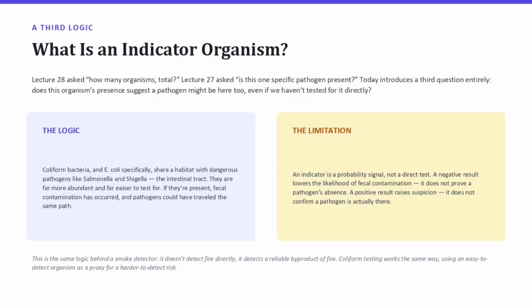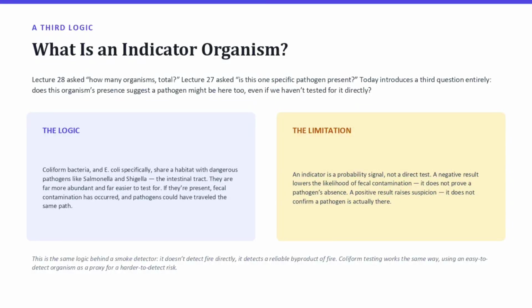Here's the logic. Coliform bacteria, and E. coli specifically, share a habitat with dangerous pathogens like Salmonella and Shigella, the intestinal tract. They are far more abundant than those pathogens, and far easier to test for. If they're present, that tells you fecal contamination has occurred, and pathogens could plausibly have traveled that same path.